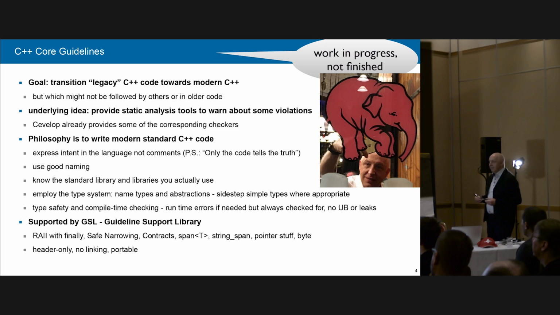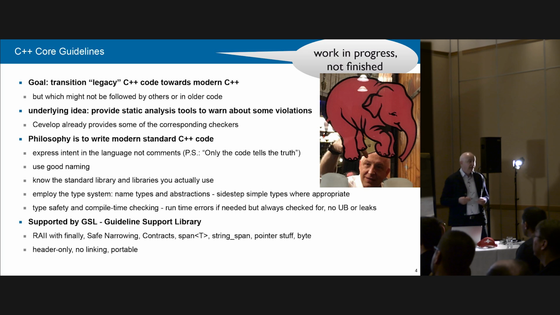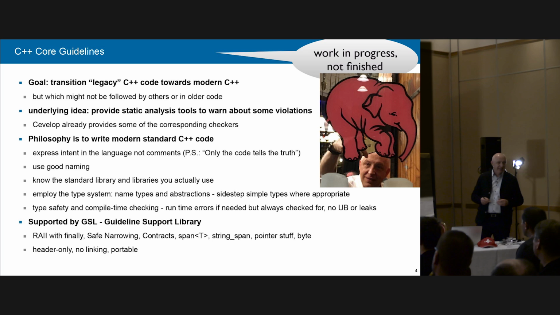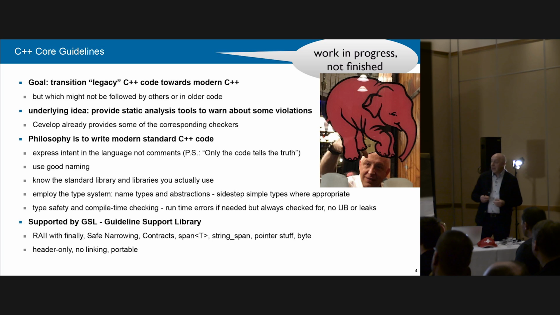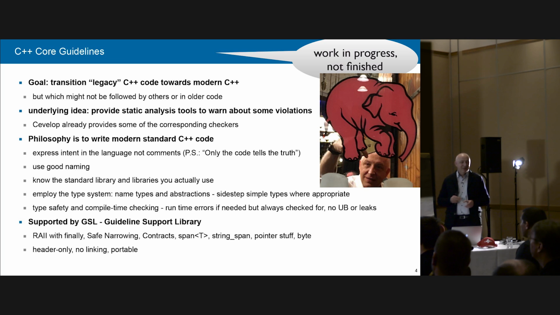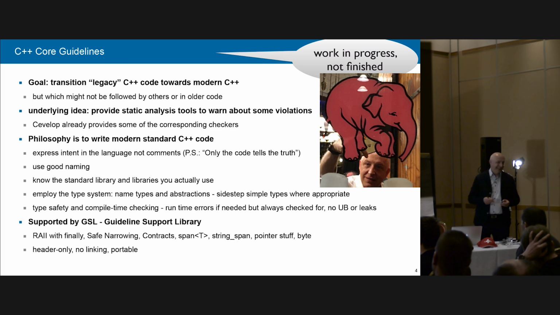It provides stuff that we might have already in the 17th standard or might get with the 17th standard when it's officially blessed by ISO, and some things we don't have there yet. And other things might be proposed under a different name and slightly different functionality, like RAII will not be called that finally in the next, hopefully, standard, unless the library evolution working group changes the name again.